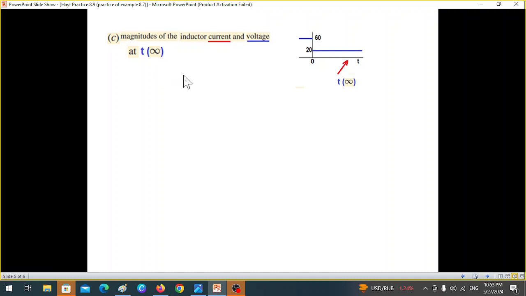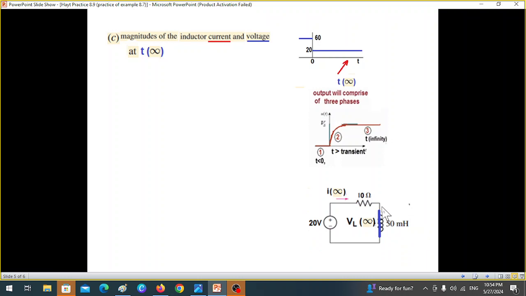Third part is to find the current and voltage at t is infinity. That means we are here in the steady state condition. So same condition, now the inductor behaves like a short circuit. And by V over R, we find the current. This divided by 10 is 2 amperes.